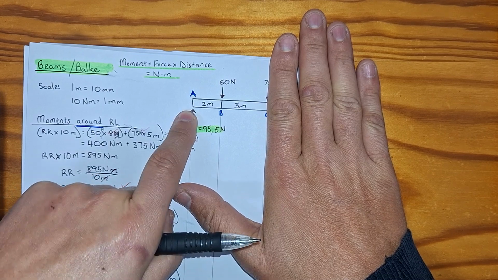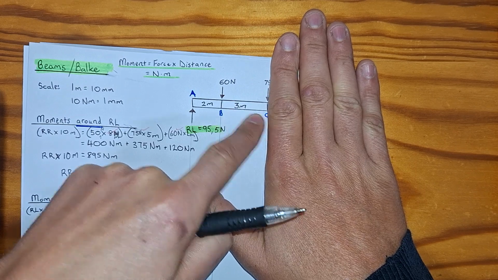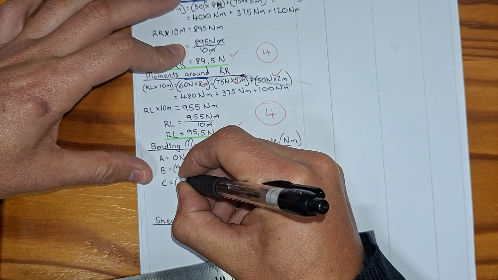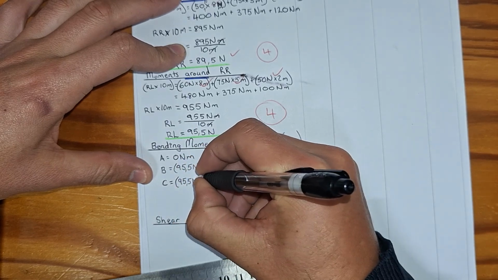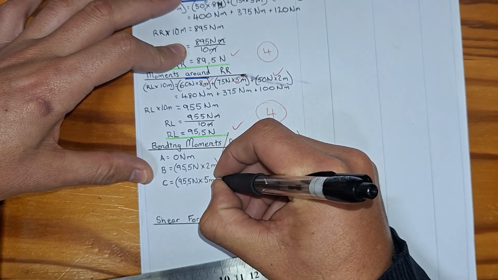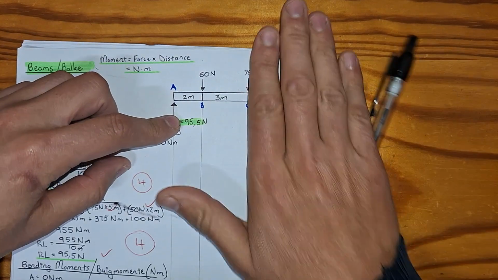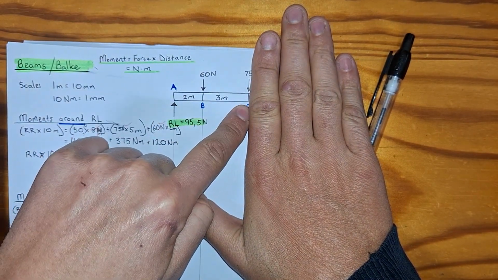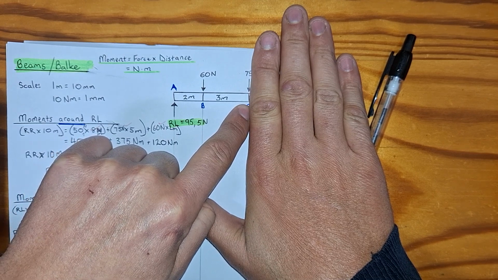So it's the positive force times the distance up to C, so it's 5 meters. So work with brackets, open the bracket, 95.5 Newton times 5 meters. Close the bracket. So here it's a positive force times the distance up to C. We close the bracket, and remember it's the sum of the external moments.